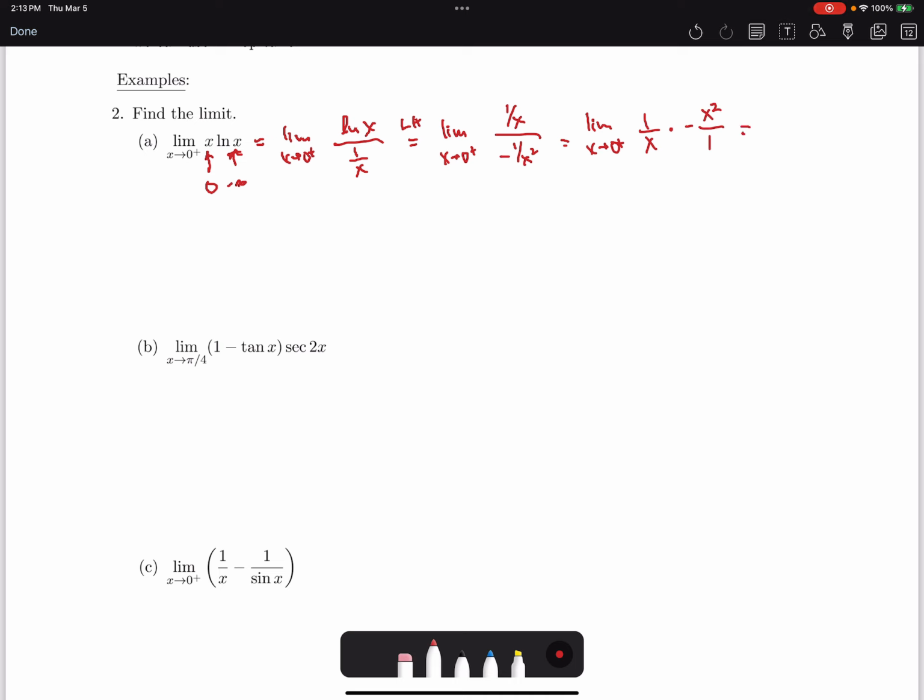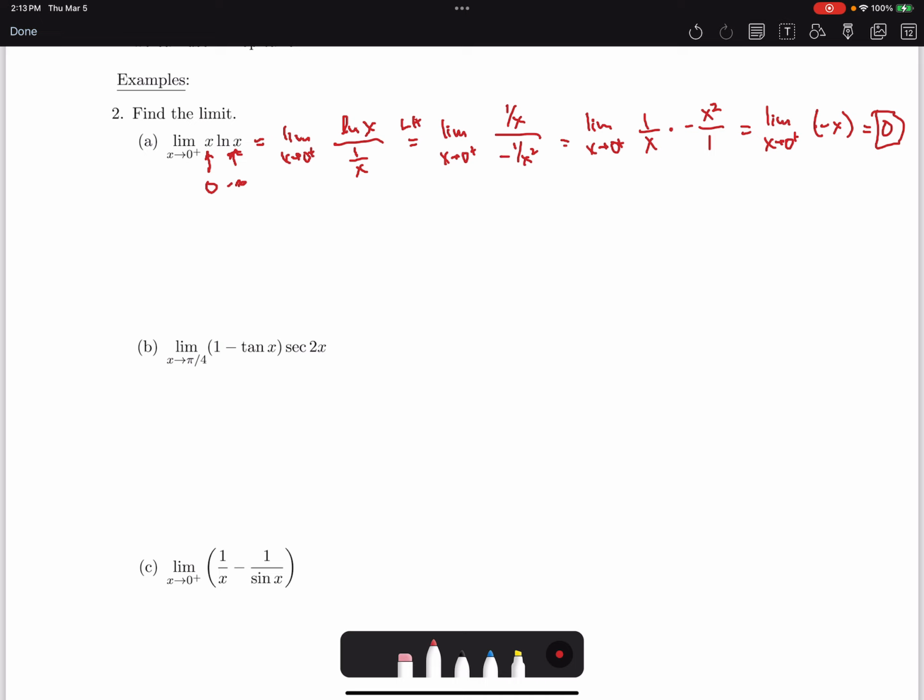We can see that this is going to be the limit as x approaches 0 from the right of just negative x when all is said and done, which is of course just 0. Okay, so that's the trick on these. You can always do something like this whenever you have something that's of the form 0 times infinity.